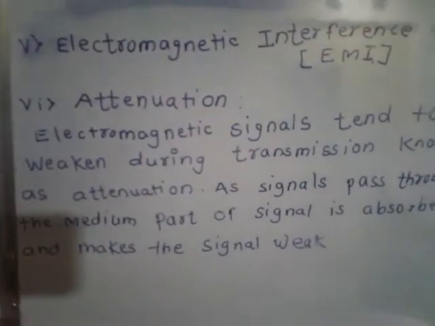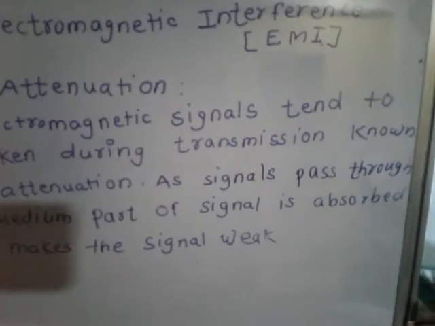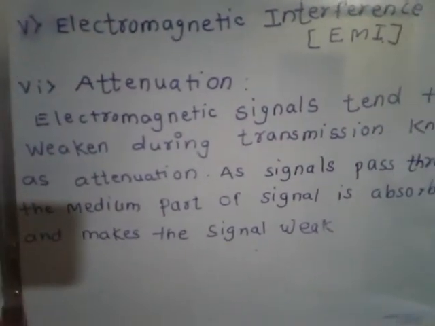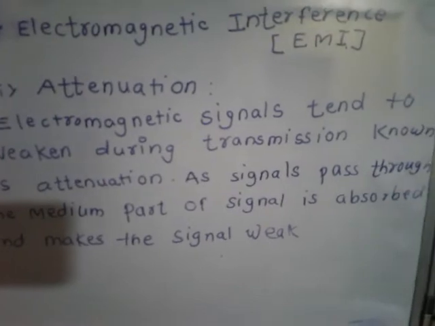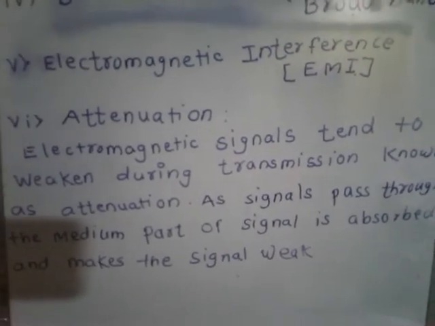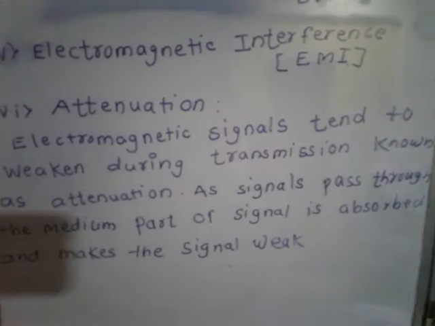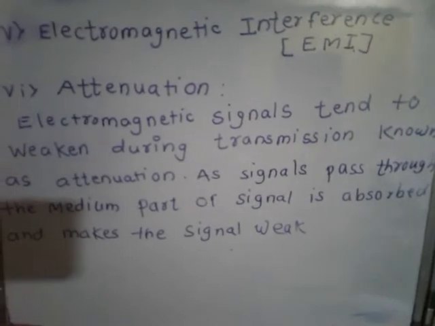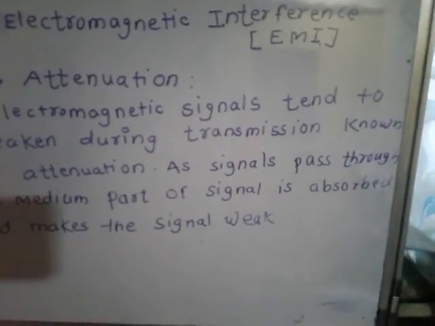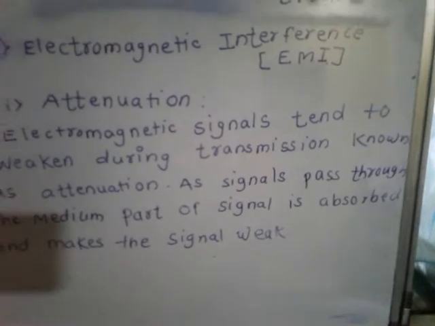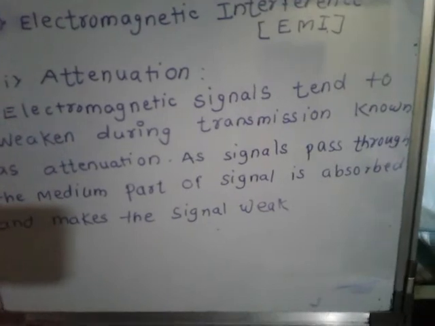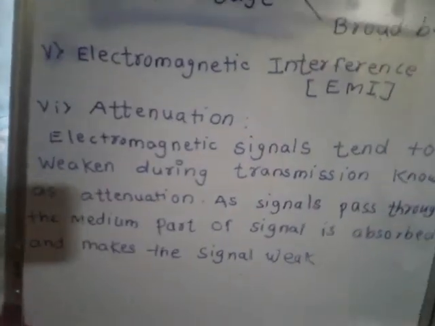As the signal passes through the medium, part of the signal is absorbed and makes the signal weak. These are weakened signals sent by the transmission media. When we are sending the signal, some of it gets absorbed and our proper signal gets weak. That is called attenuation.